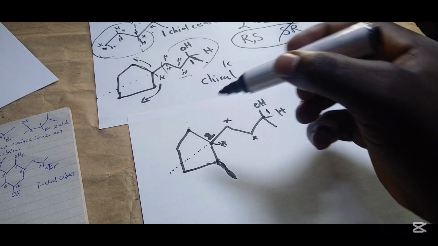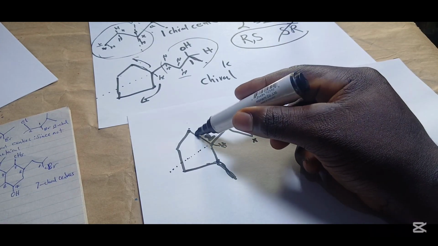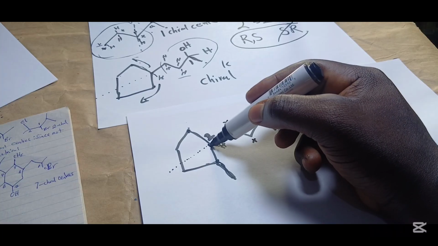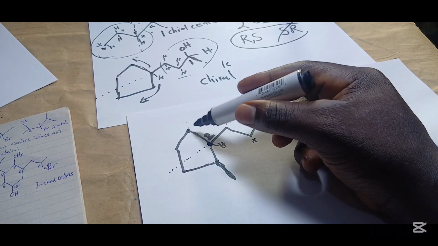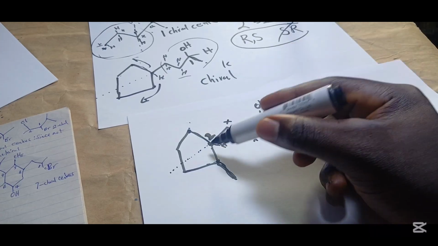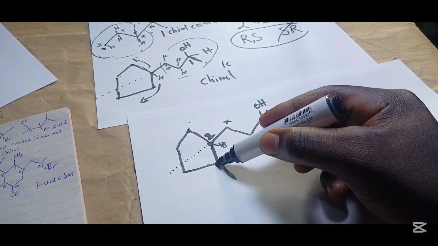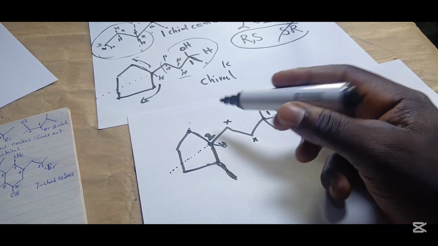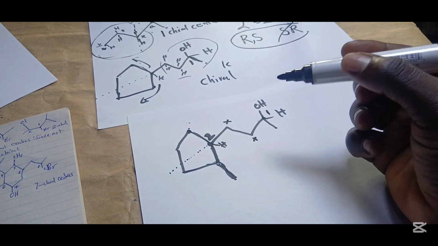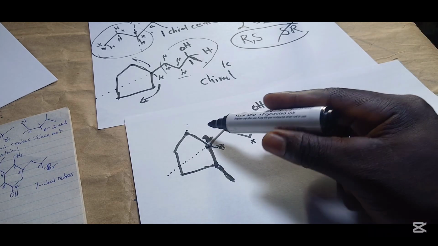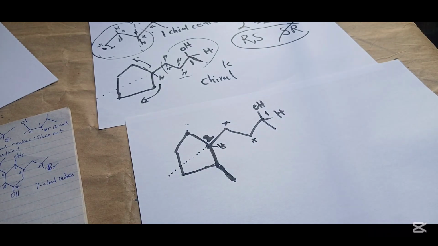Another thing to know is we are looking at the carbon atom next to the carbon atom in consideration. We have this carbon here. It has no substituent, but we have this carbon here, which has a substituent. So definitely it is different from that carbon. So this carbon atom here is chiral because it has 4 different groups attached to it.